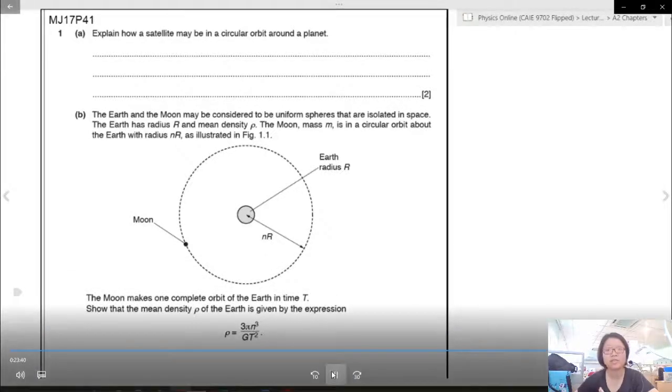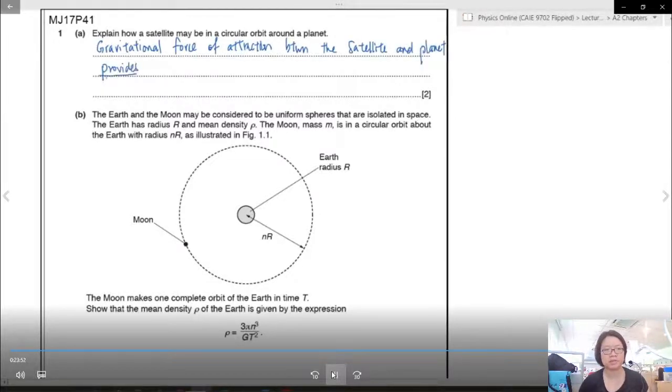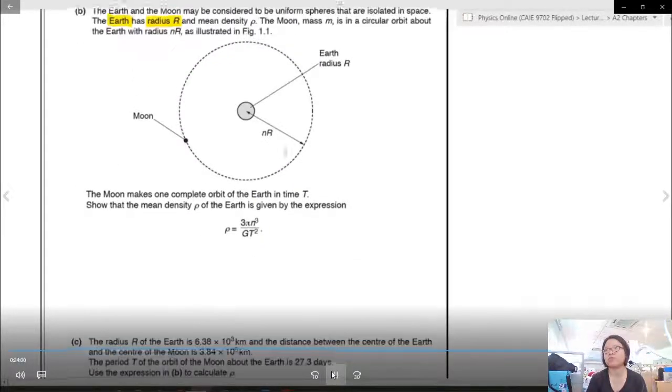Same explanation. It's just that now we are going to refer back to your centripetal force. The gravitational force of attraction between the satellite and the planet provides the necessary centripetal force for circular motion. So right now you have the Earth and the Moon. Same thing again. You have the radius.